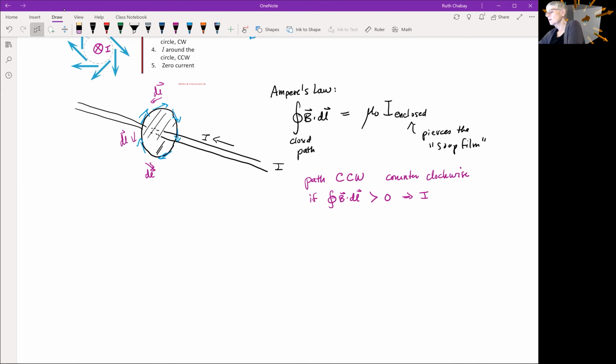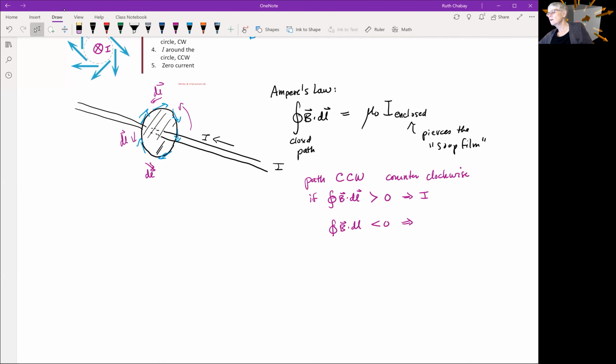So in this case, if we take the integral of B dot dl, dl is opposite to B around this circle. So therefore we have a cosine of 180 degrees. And so this integral is going to be negative.